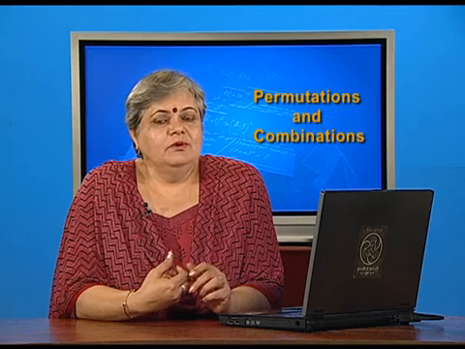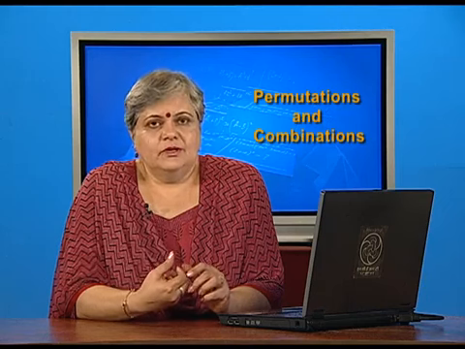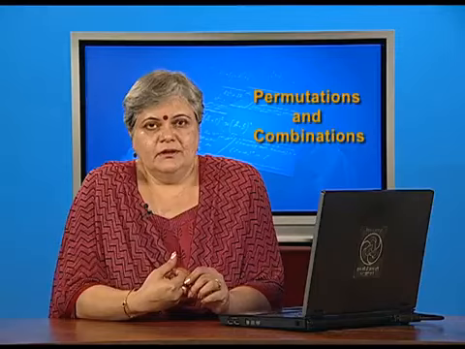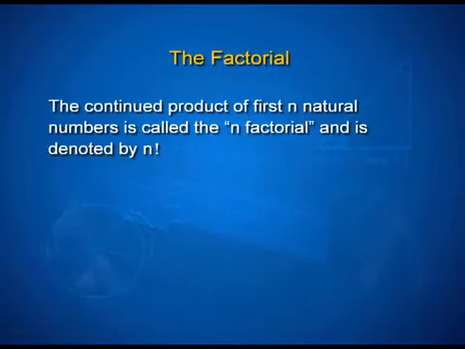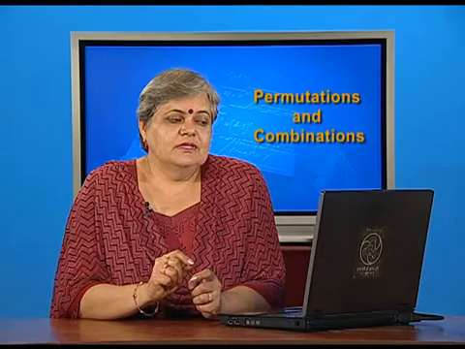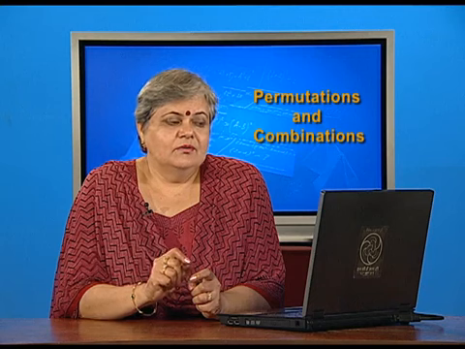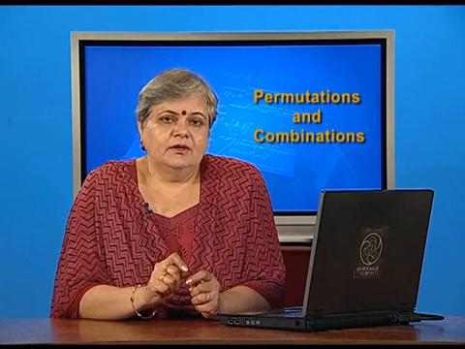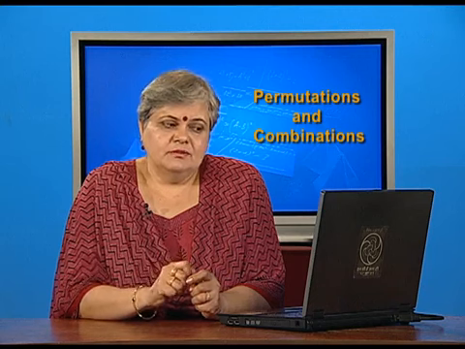So, let us see what we mean by factorial of a given number. We define the factorial to be the continued product of the first n natural numbers and call it n factorial, written as n with the exclamation mark.